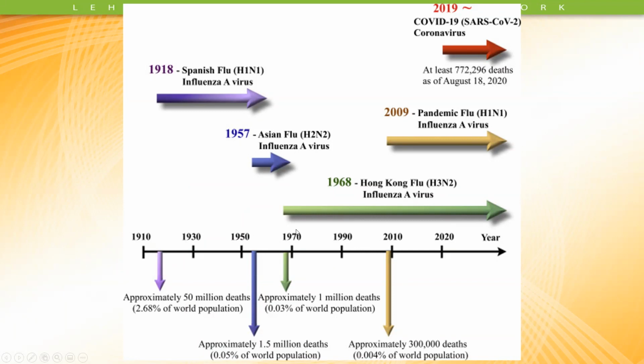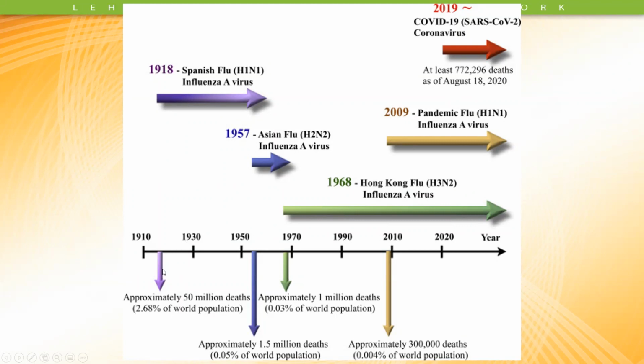And then you look at other things that you thought were bad, like H1N1, which, it seems like I've lived through a lot of these. The only one I wasn't around for was the Spanish flu. Everything else I was around for, so I guess unfortunately I'm still alive. But again, the Hong Kong flu, which I remember, a lot of people were very sick with this. 1 million people died. All right.